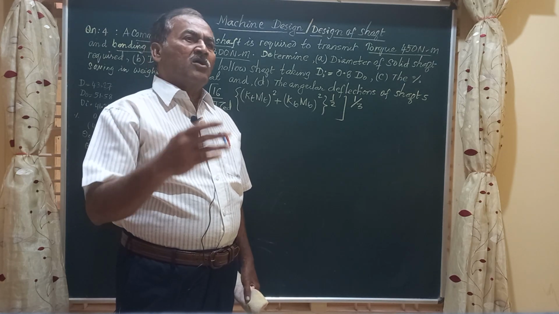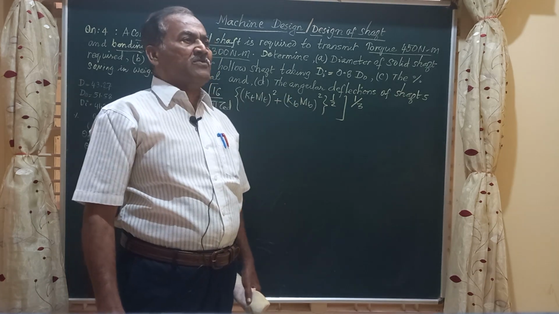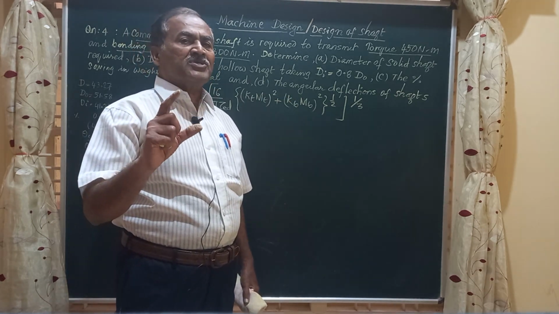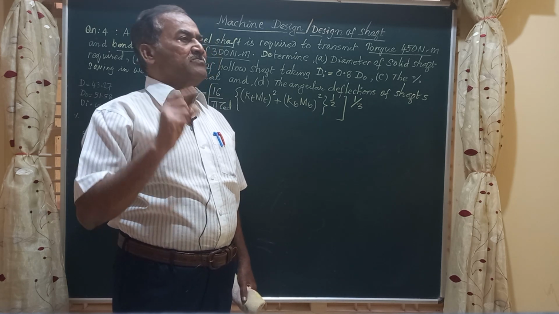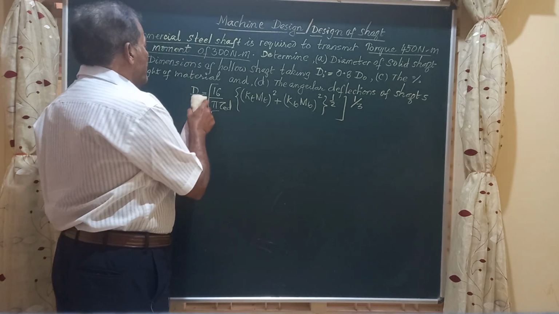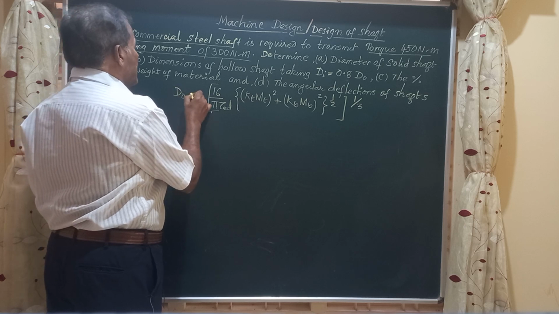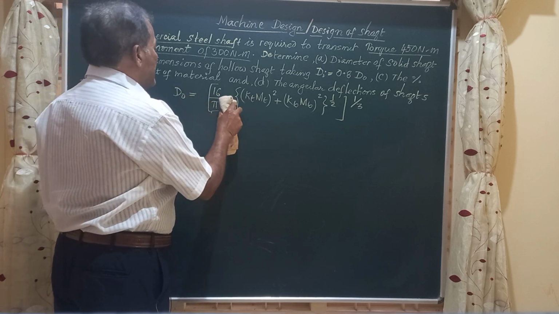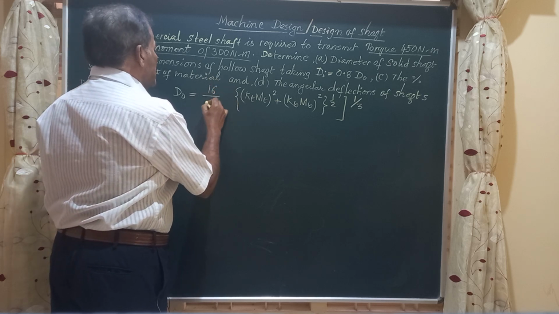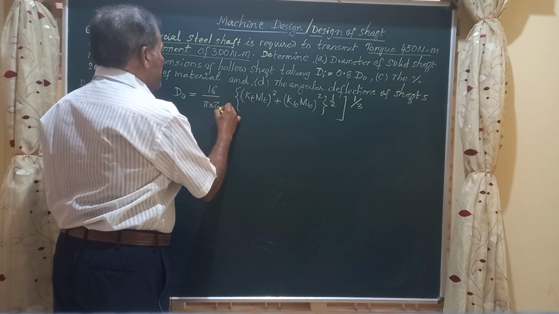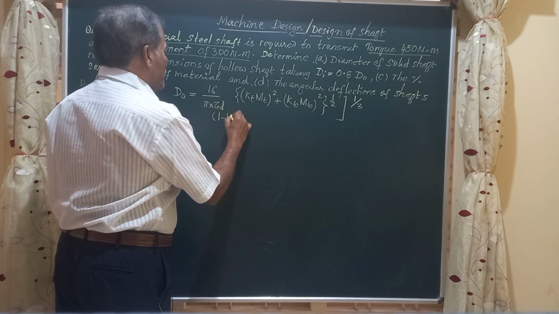Friends, already we have done a few problems using this equation for the hollow shaft. Here, the expressions for the value of D and D0 are almost similar, except that in place of this capital D, we will have D0, the diameter of the hollow shaft, and again in the denominator, we have 16 over pi into tau Vd multiplied by 1 minus k to the power of 4.